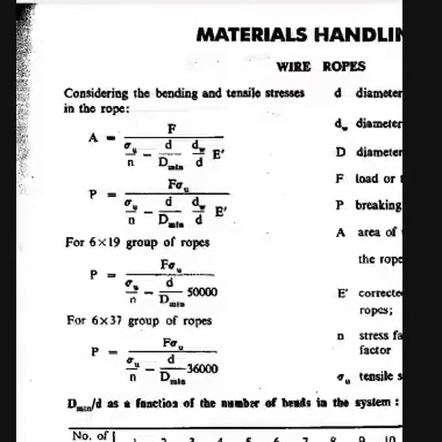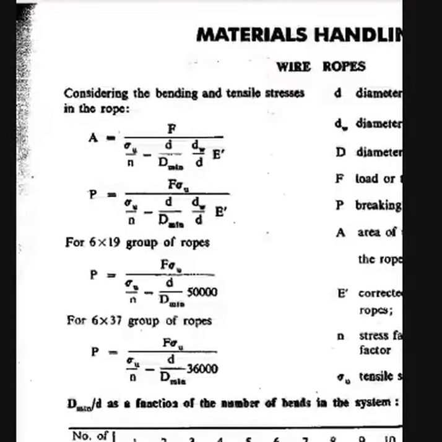What is the difference? Between the above formula and the below formula, the difference is that instead of dW by D into E dash, it is equal to 36000, so that we can use it directly in our formula. Are you able to get that value? See, in the fourth formula for 6 into 37, compare it with the second formula.